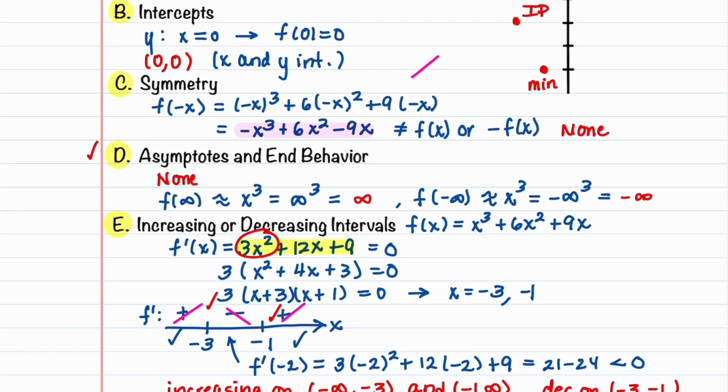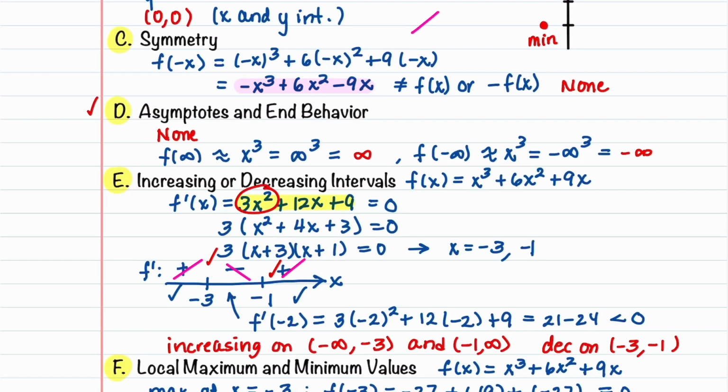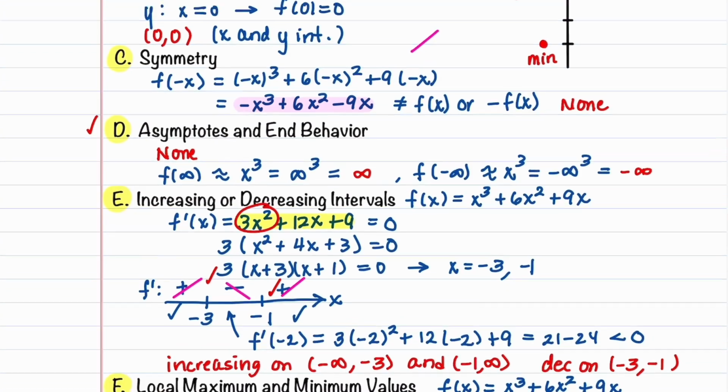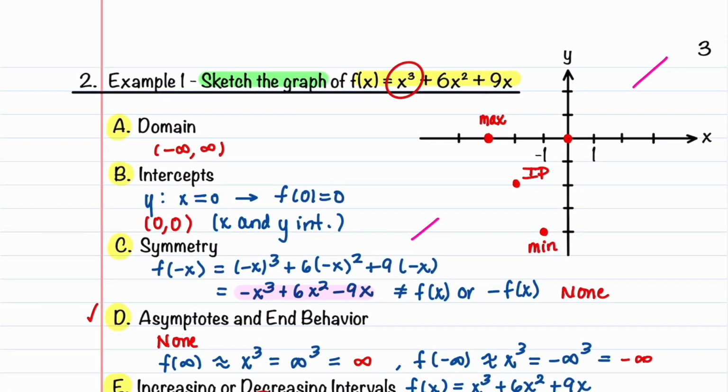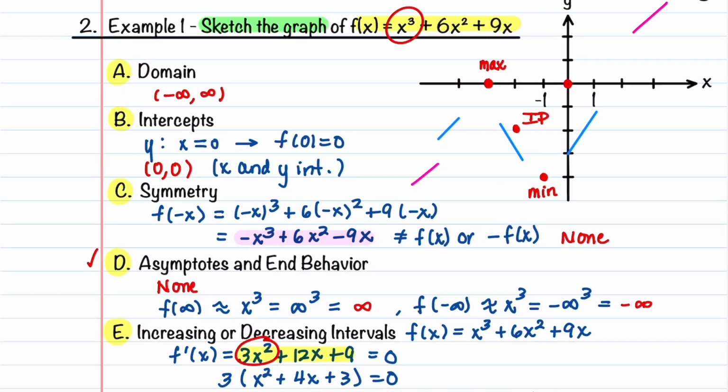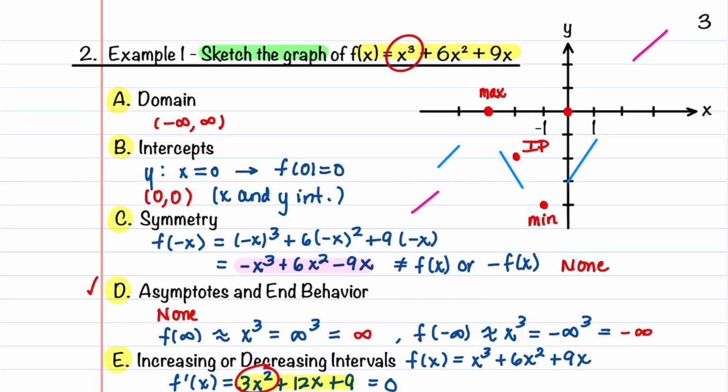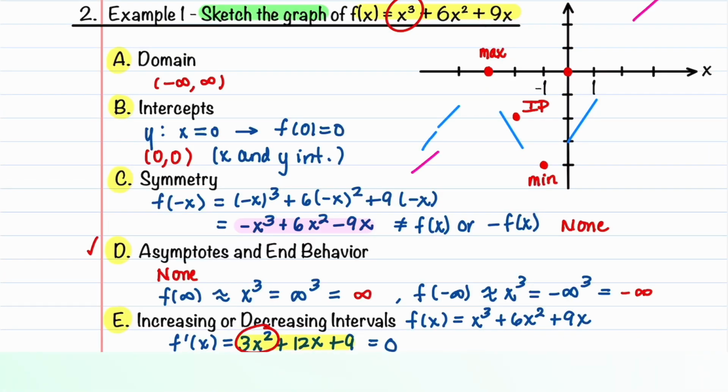Then we found that it is increasing as we get to -3 and then decreasing, and then at -1 it starts increasing again. So it's going to be increasing and then decreasing and then increasing. So we can actually go ahead and graph our function. It's going to come this way.